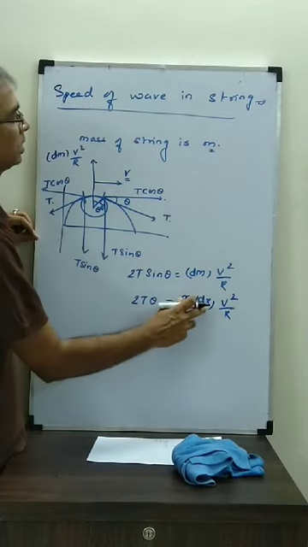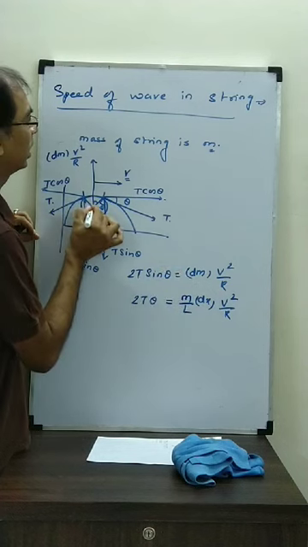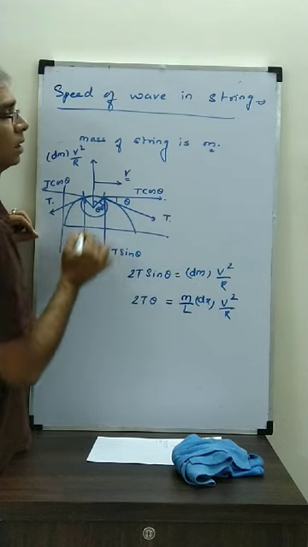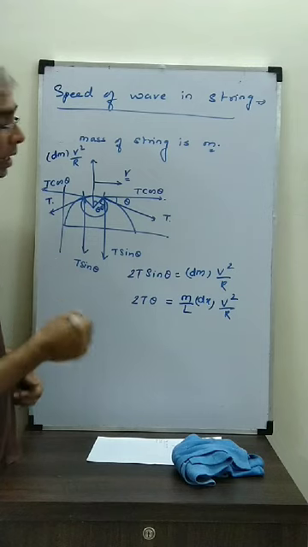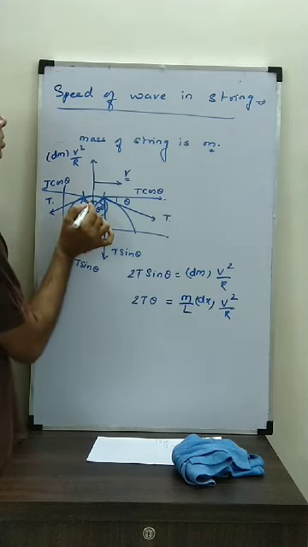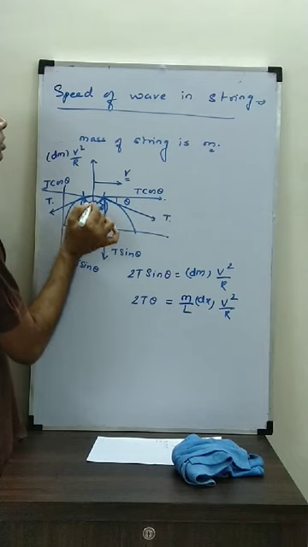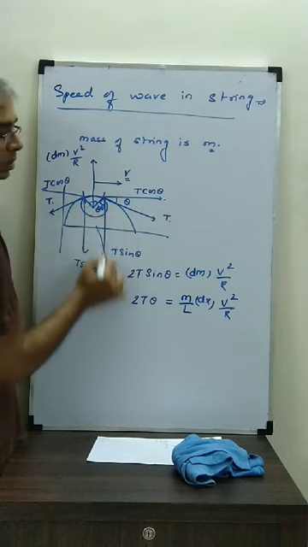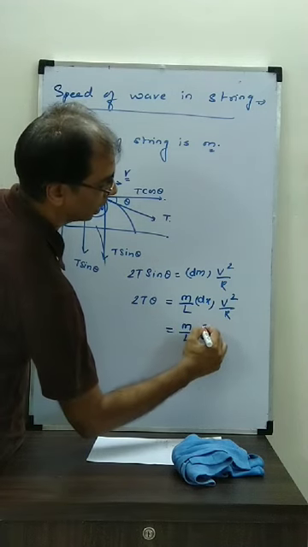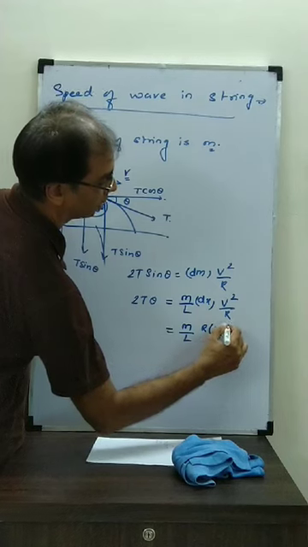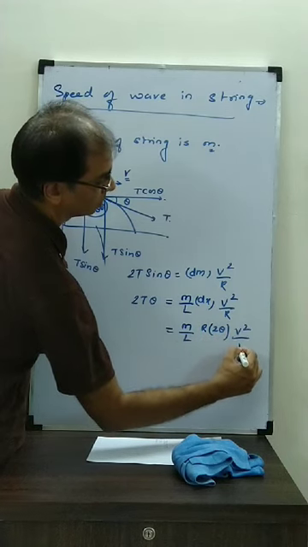Now this dx we can write as the length of arc. Length of arc formula is what? Length of arc is equal to radius into angle subtended at the center. So this is theta, this is also theta, so the total angle subtended at the center is 2 theta. So this dx value I can write as radius into angle subtended at the center.